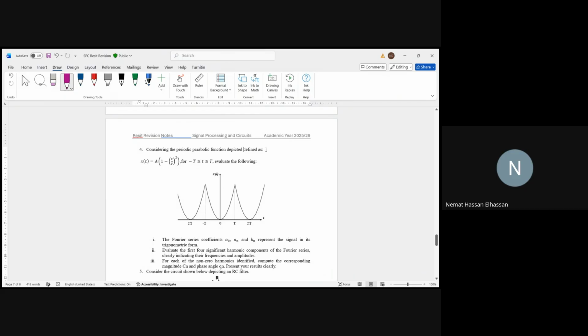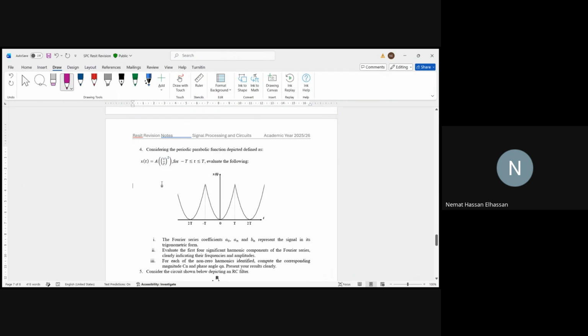And it's defined as x of t is A times, let me remember, I think this was the correct representation, A t over T squared. We can actually lose the brackets. I think I'm over-adding them here.